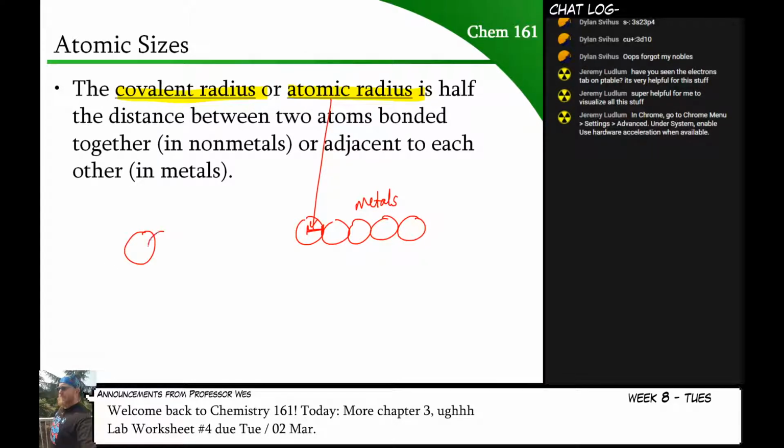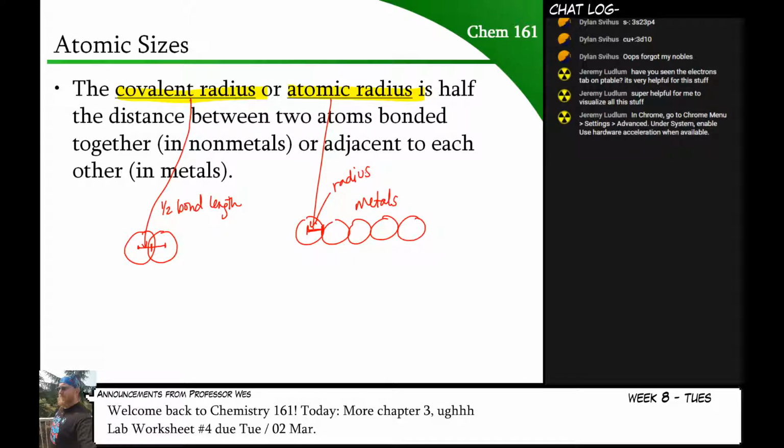And so what ends up happening, we're going to see this in unit 4 and 5 actually, is that if I get the bond or the atomic radius of a bonded atom, it's actually not the actual radius. It ends up being a little bit different. So if I split this in the middle, this would be the covalent radius, which is 1/2 the bond length, whereas in metals, it's actually the radius.